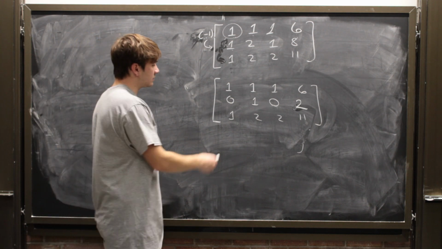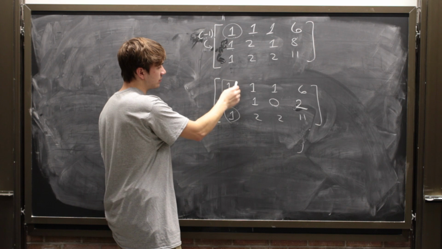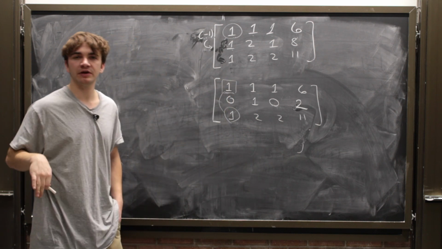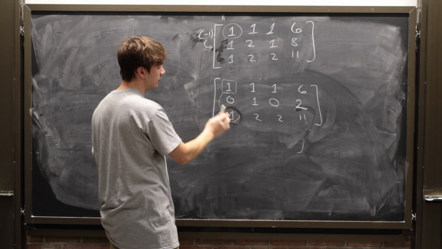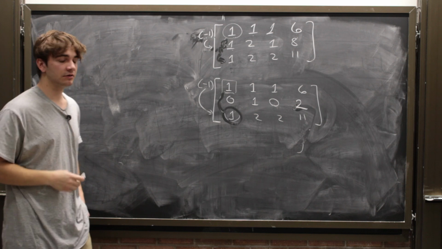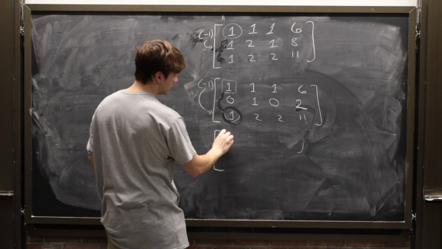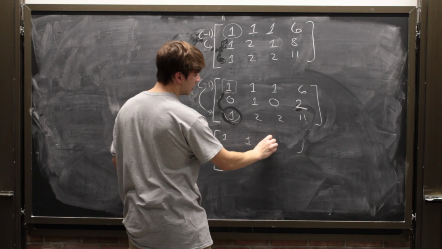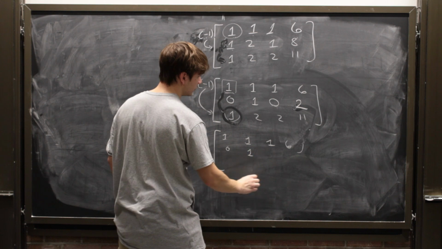And now the next step is actually to get rid of this one. Okay, so I remember I want this number in the top left corner to be a 1, and then I'm going to eliminate everything beneath it in terms of making these numbers 0. So to make this one a 0, I'm going to again multiply this row by -1 and add it into the bottom row. Everything else will stay the same. I'm only affecting the bottom row when I do this operation.